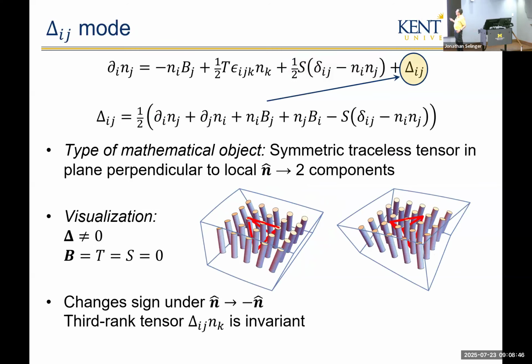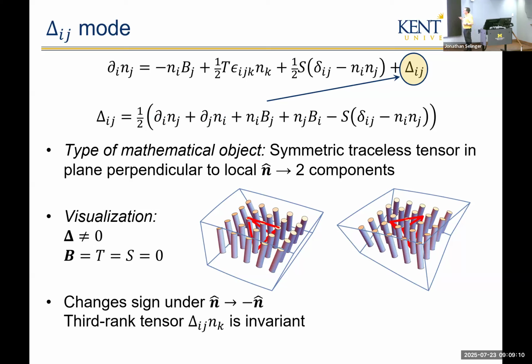A fourth type of variation looks like this. This is a mode that goes out this way and in this way. Or if you rotate by 45 degrees, it goes out this way and in this way. So this is another type of variation.